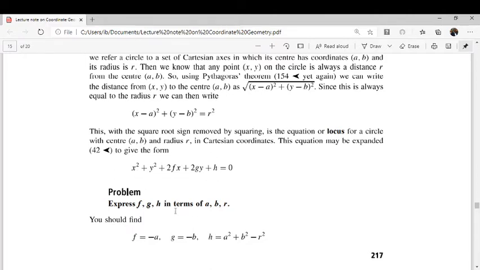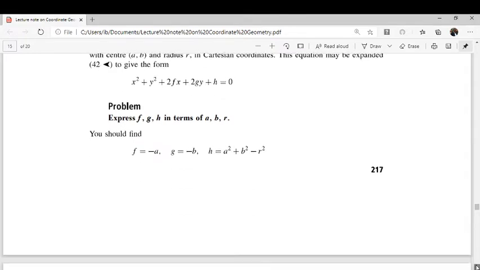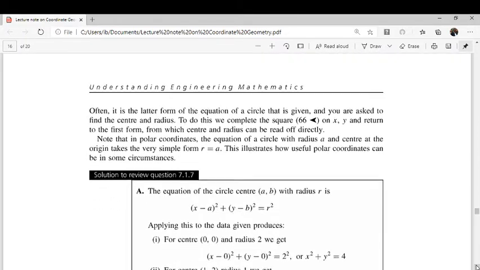And when you now substitute F in place of minus A, G in place of minus B, H in place of A squared plus B squared minus R squared, you will have this. So what I'm saying is that this equation was derived from this. When you open the bracket of this, you have this. So that's how you got the general form of a circle.